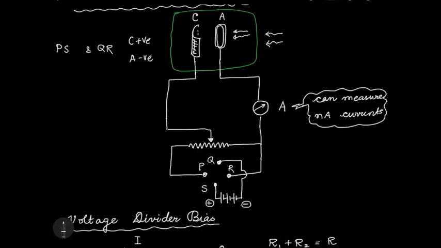On the other hand, if I connect P with Q and S with R, then A will become positive and C will become negative.